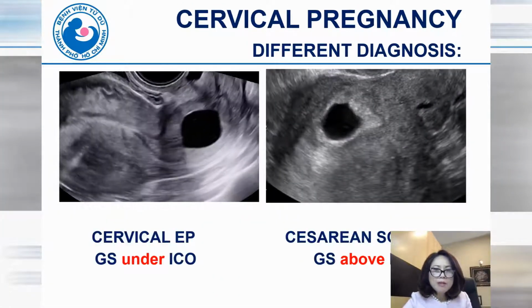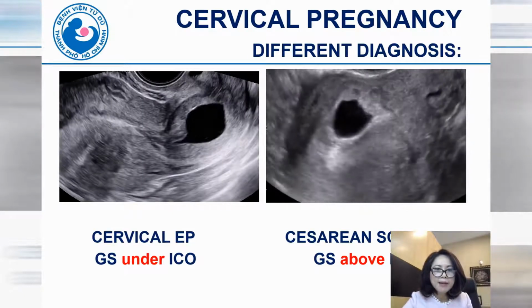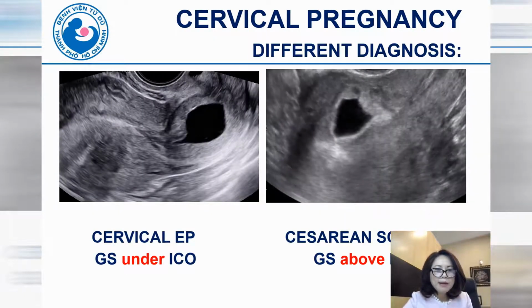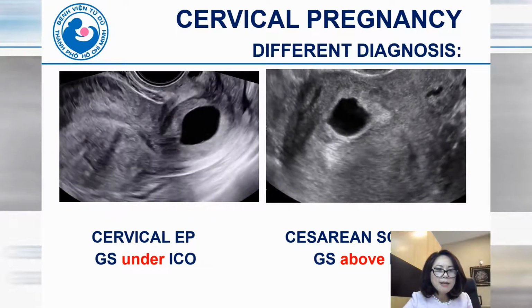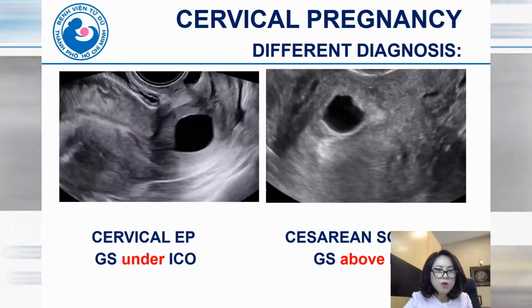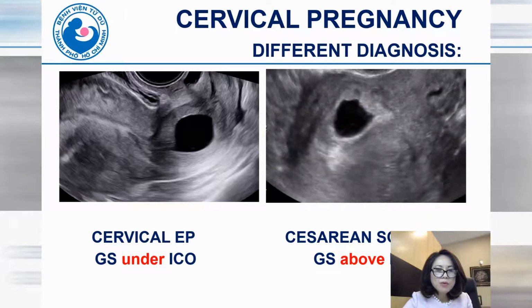Cervical pregnancy also must be distinguished from cesarean scar pregnancy, and the key point is that for the cervical pregnancy, the GS is under the internal cervical os, and for the cesarean scar pregnancy, the GS is above the internal cervical os.